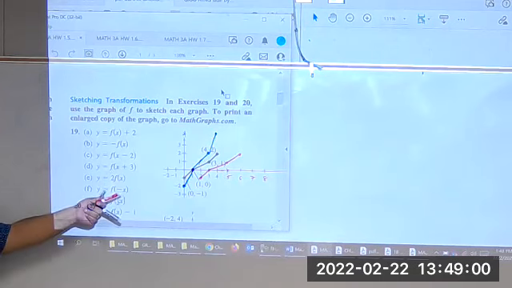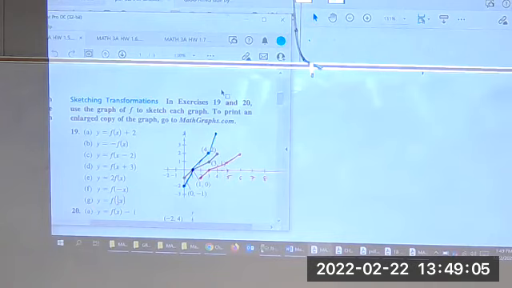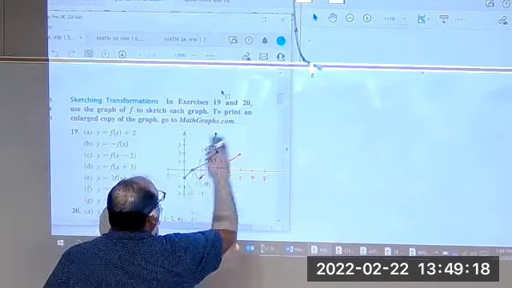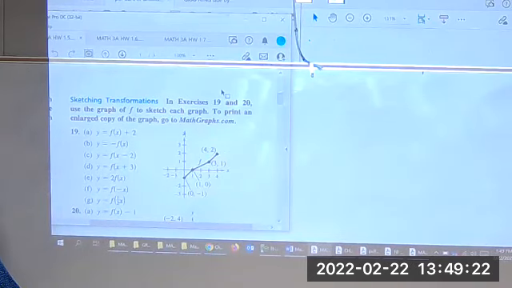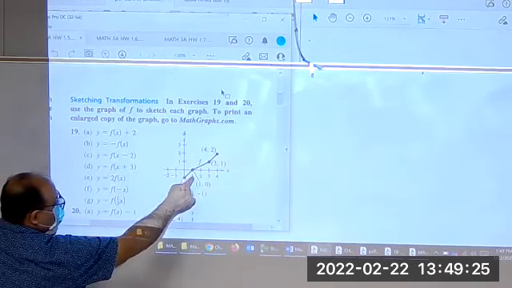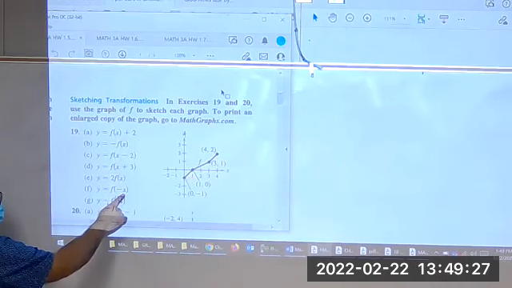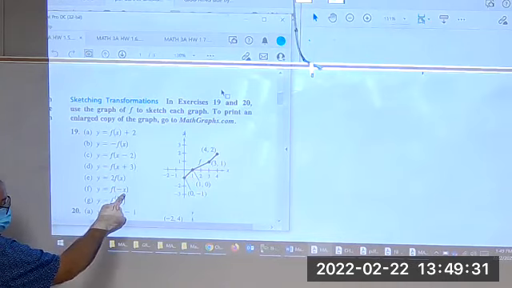And this is going to do what? f of negative x. Flip it across the y-axis from left to right. So that means if I plug in f of 1, when I actually try to work the function out, it's going to take f of negative 1.